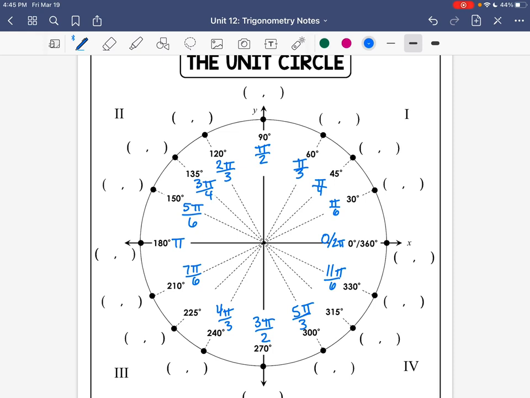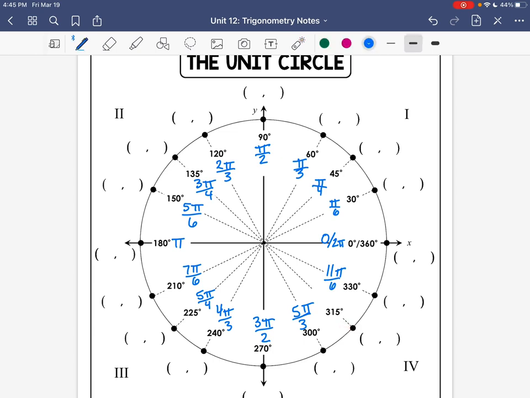All right, for 225, it is going to be, think about, so this was times 2, times 3, times 4, times 5. So this one's going to be 5 pi over 4. Doesn't simplify. Then the next one would have been right here. That would have been 6 pi over 4. And 6 over 4 is 3 over 2. And so then we got to 315, which would be the 7th one.